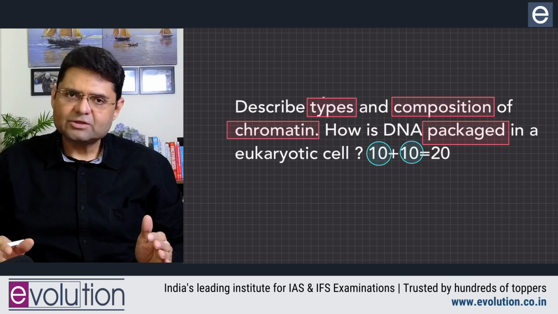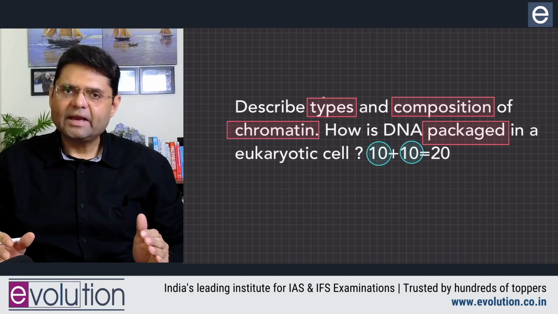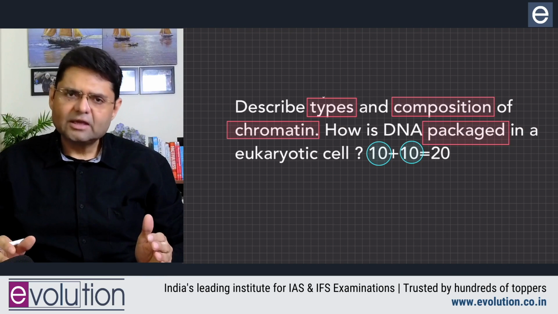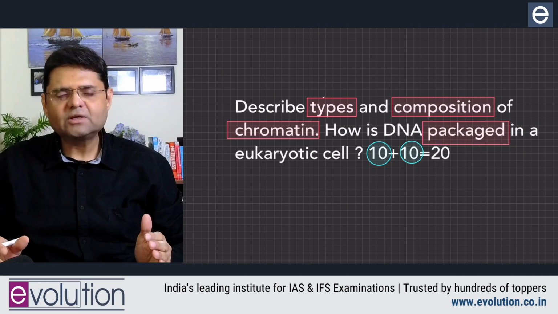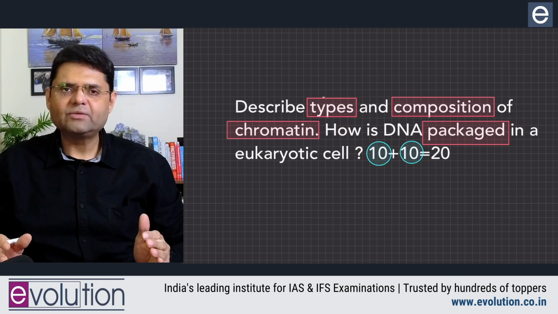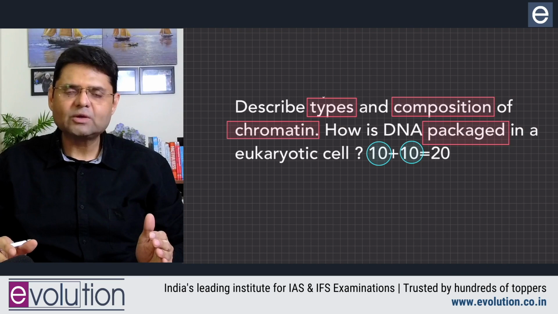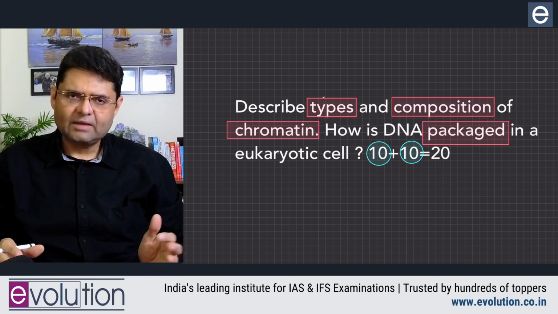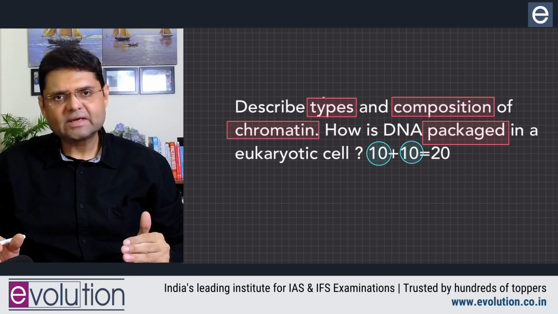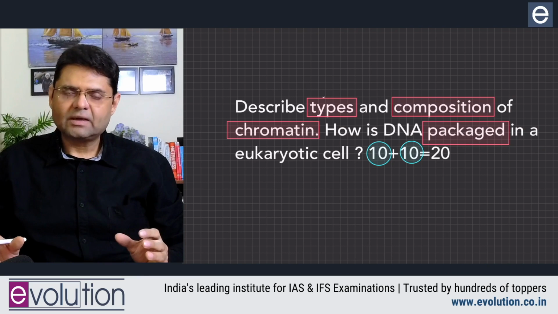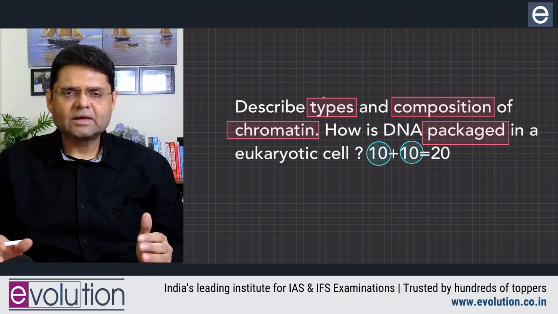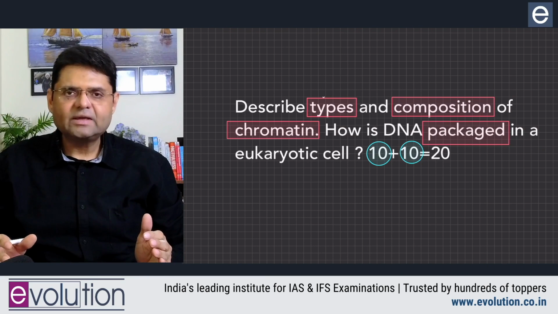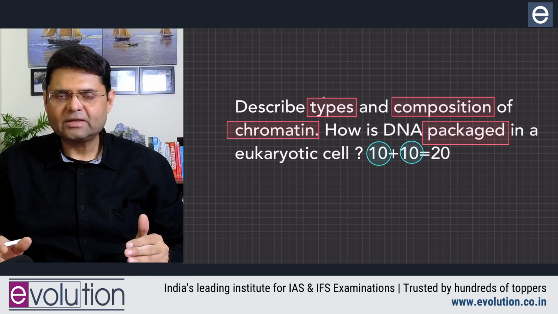So now you have understood the query areas, and you also understand that this entire answer has to be written in approximately 240 words. Out of the 240 words, close to 120 words will go for the first part, types, composition and basics about chromatin, and the second part will contain 120 words, but this will be on how DNA is packaged in a eukaryotic cell.